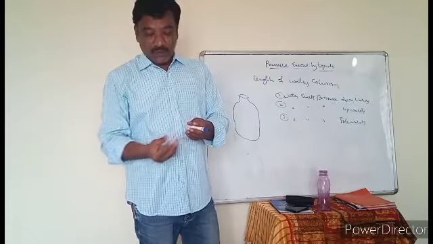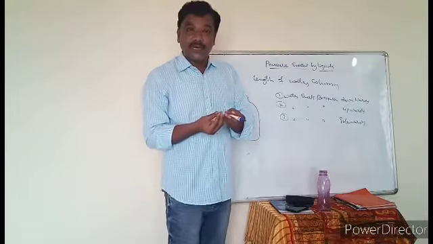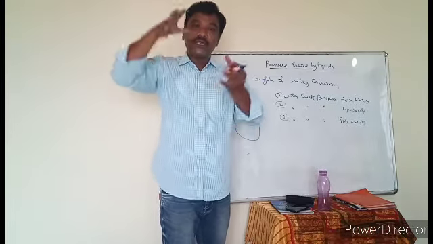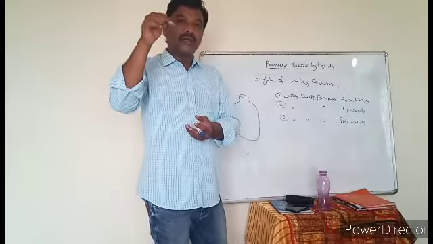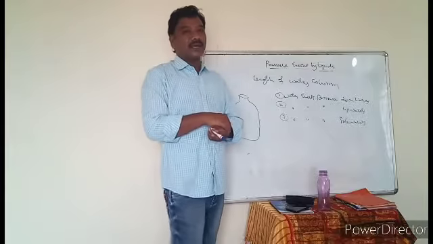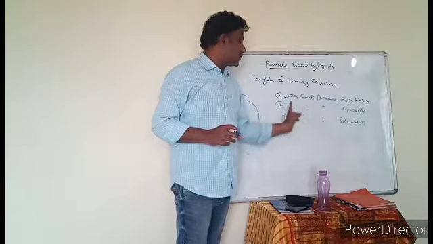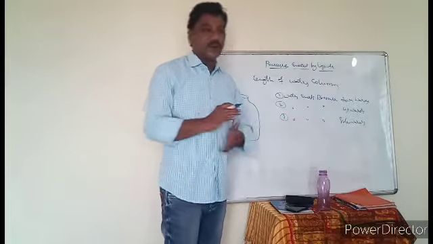Because the water flowing in that pipe is exerting pressure not only straight ahead, it is exerting pressure on the sides of the water pipe also. That is the reason whenever there is damage to that pipe, the water comes out of the sides. So water exerts pressure downwards, water exerts pressure upwards, and water exerts pressure sidewards also.